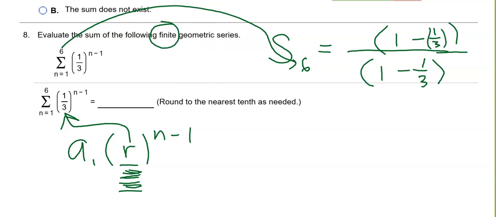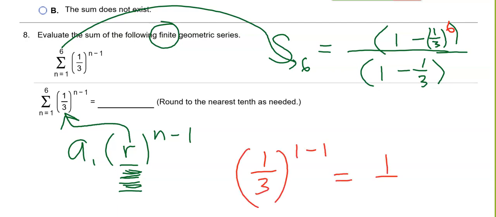We already know that there are 6 different terms. And how do we find the first term? What do we plug in? We plug in a 1.